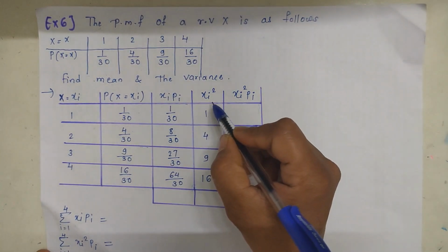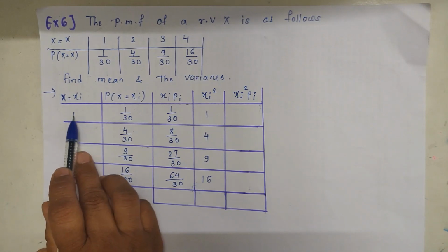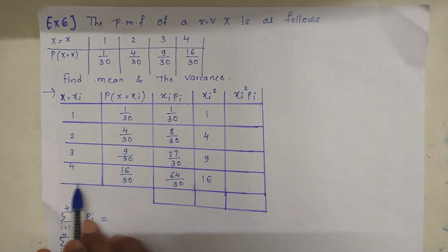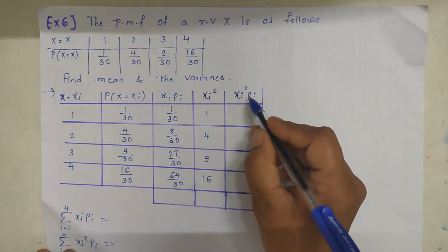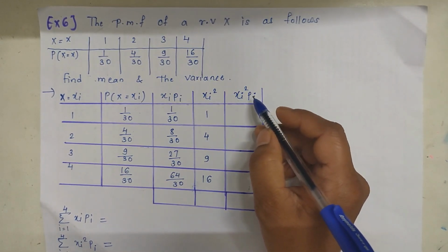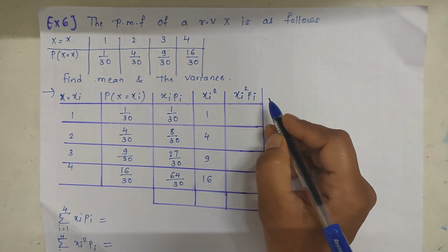Now the next column, xi square. So the square of each xi: 1 square is equal to 1, 2 square is equal to 4, 3 square 9 and 4 square is equal to 16. And in the last column, we have to calculate the values of xi square into pi.